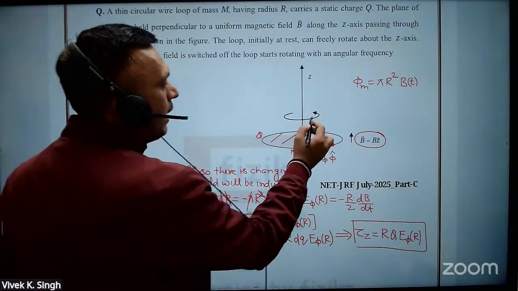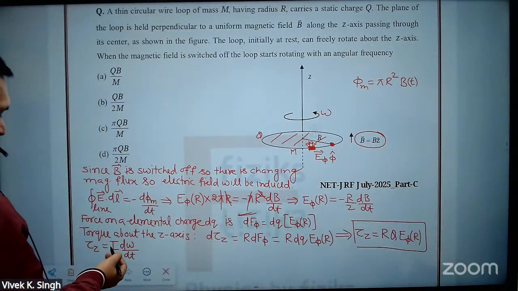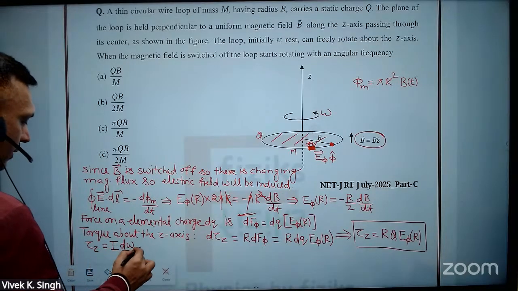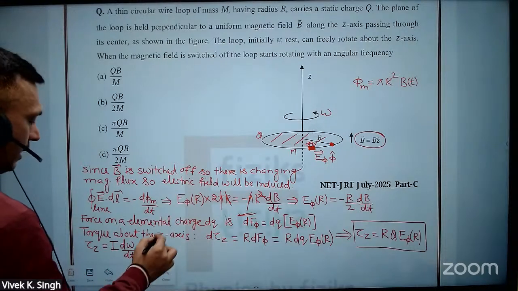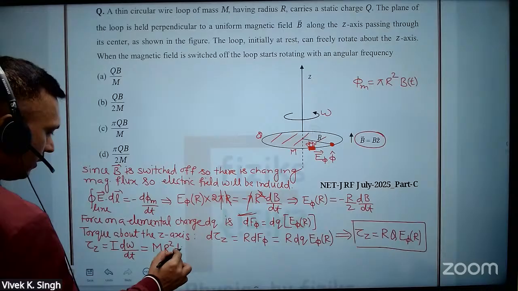Omega is the angular frequency with which it is rotating. And what is I? The moment of inertia about that axis, so this is m r square d omega by dt.